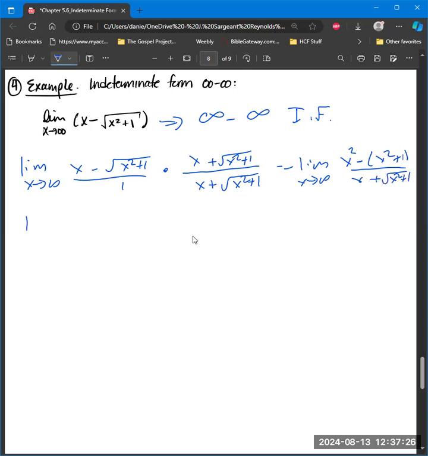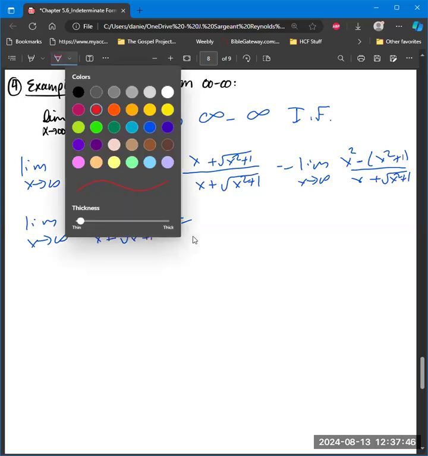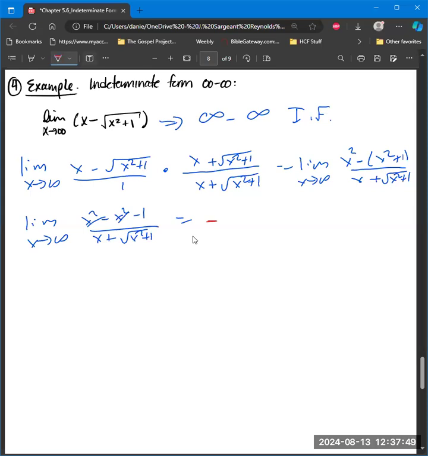That gives me the limit as x goes to infinity of x squared minus x squared minus 1 over x plus root x squared plus 1, which is a negative limit as x goes to infinity of 1 over x plus root x squared plus 1.